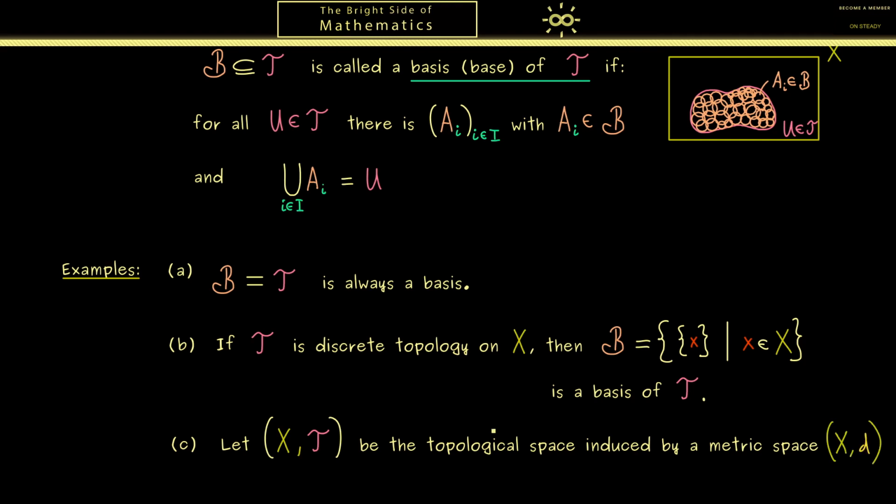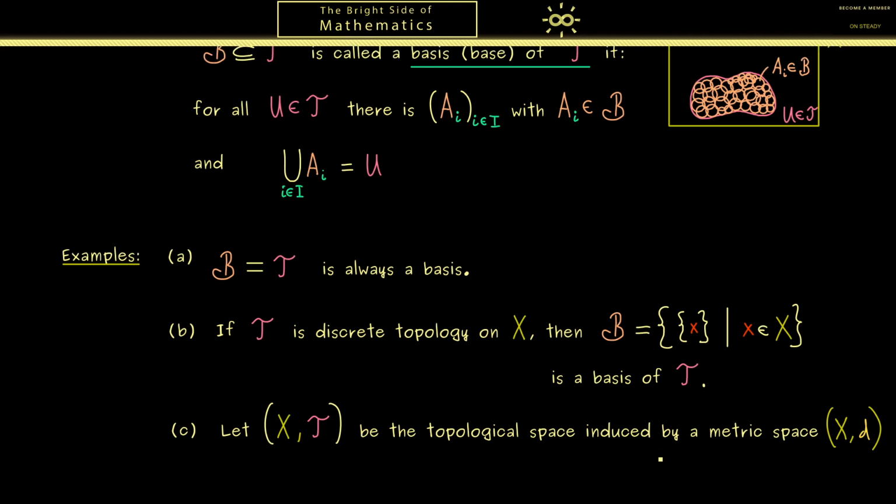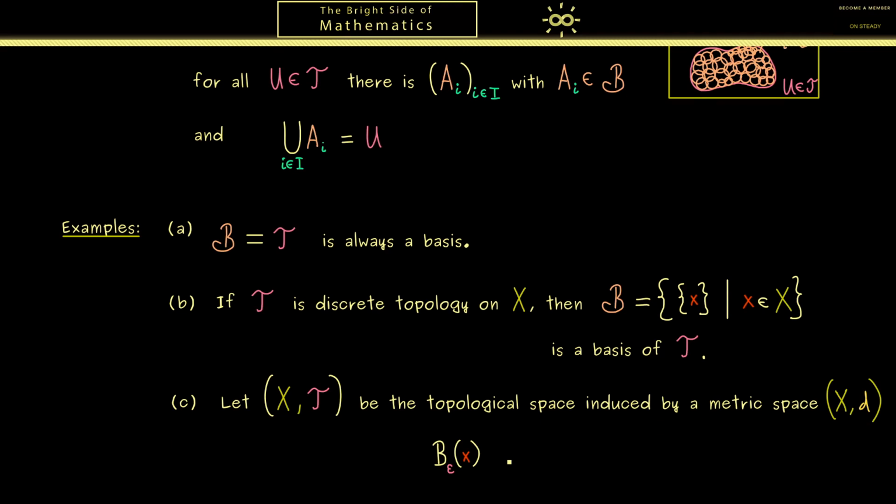So you know, in this example, openness here means exactly the same as openness in the metric space. As a reminder, openness there is defined by using epsilon balls. And such a ball is denoted by B_epsilon(x), where epsilon is the radius and x is the middle point.